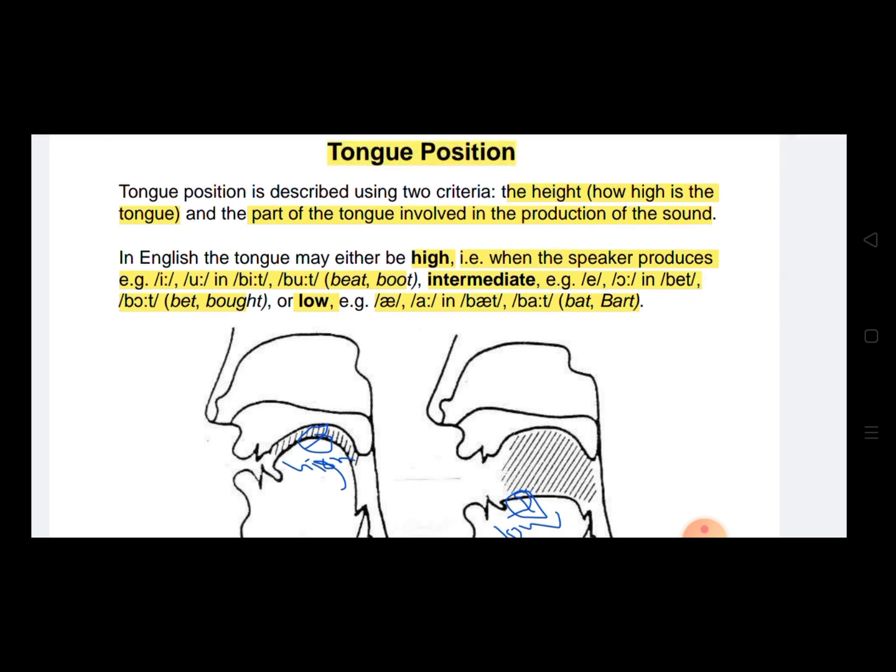The position of the tongue is high when the speaker produces vowels like e, oo, in words like beat, boot, and the position is intermediate when pronouncing vowels such as a, o in bet, bought, and law, while producing the vowels ah, ah in beat and bat.